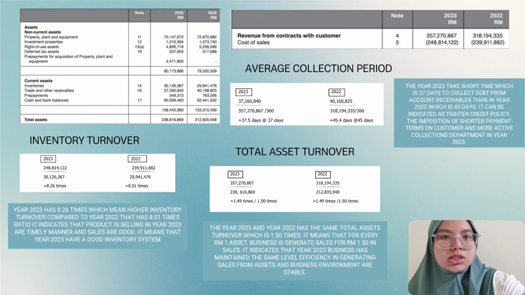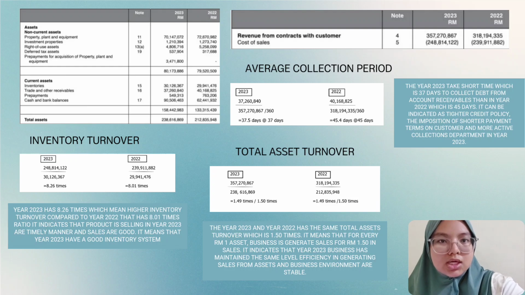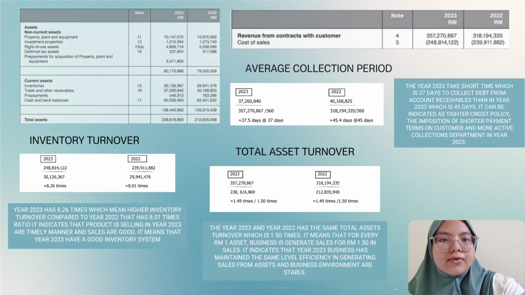For year 2022 sales, I got RM318,194,335, and total asset for 2022 I got RM212,835,948. After I divide, I got 1.50 times too. It means that 2023 and 2022 have the same total asset turnover. For RM1 of asset, the business generates sales of RM1.50.